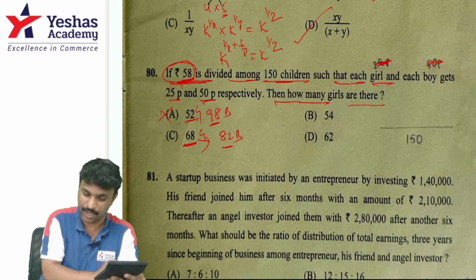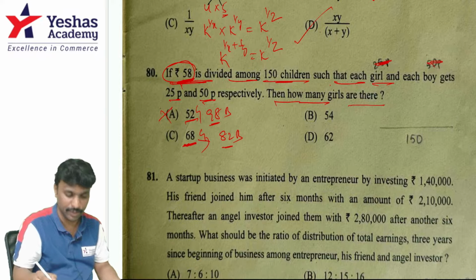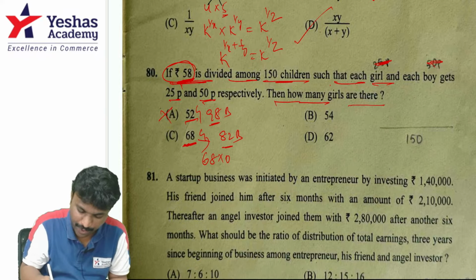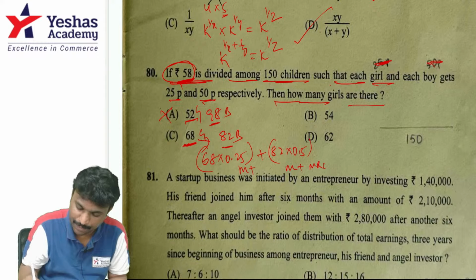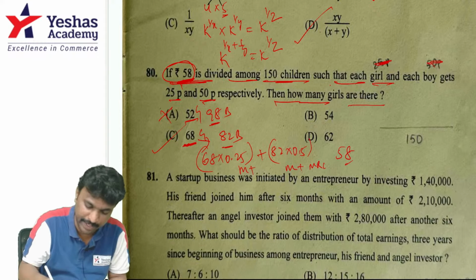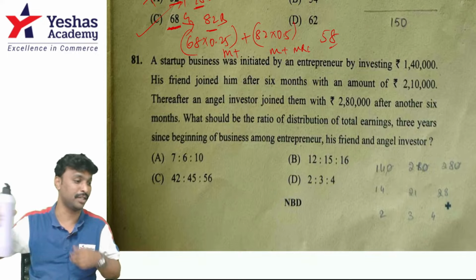So what did I do? 68 into 0.25 plus 82 into 0.5. These two I have done using the memory. That gives me 58 only. Therefore, option C is the right answer. Have you all understood?